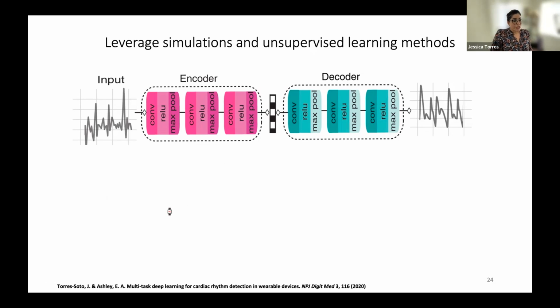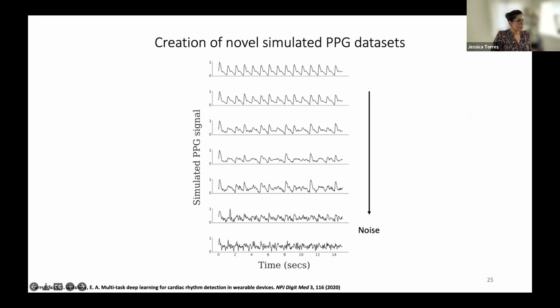Okay, and so it's important to note that we can't do this with real signals and that we really needed to leverage simulation data sets. And so I spent a large amount of time creating a novel simulated data set that would mimic real individuals. So here's an example of some of the simulation work where we have here on the top row, as we move down the rows, we have an introduction of more noise.